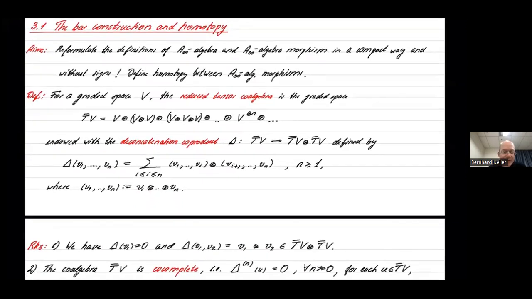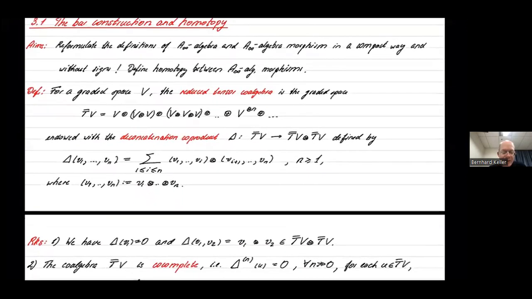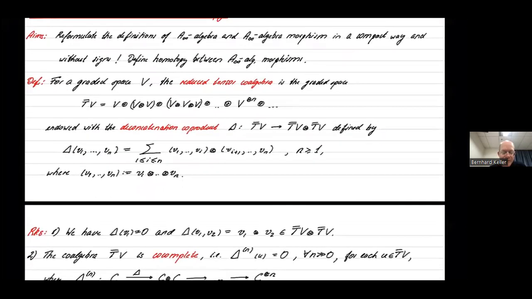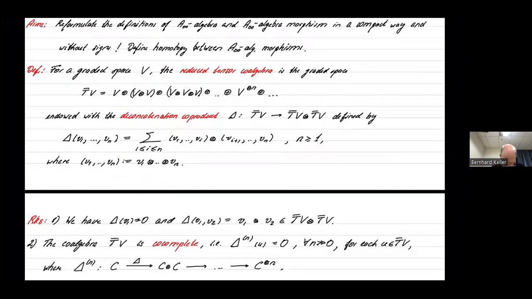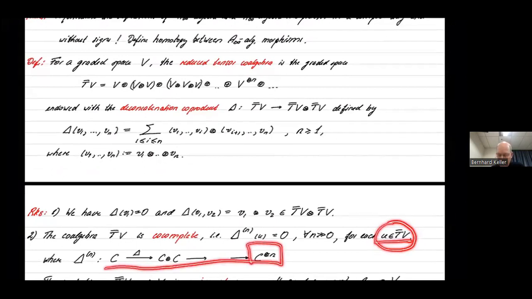Now this tensor coalgebra has a nice finiteness property, if you like. The co-multiplication is locally finite in the sense that if we take some fixed element and apply the iterated co-multiplication to it, then after finitely many iterations, we will find 0.